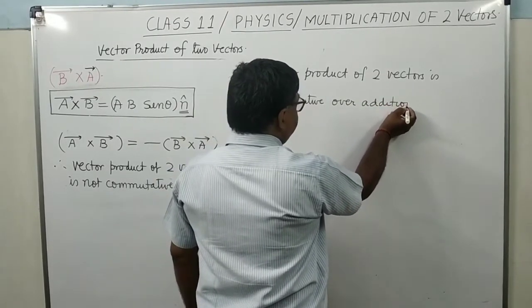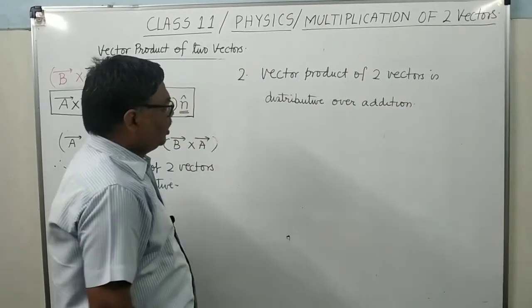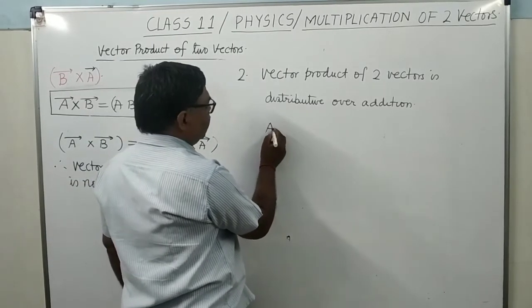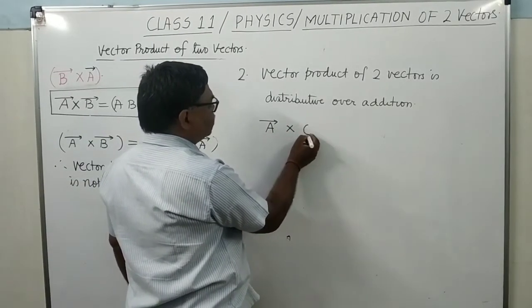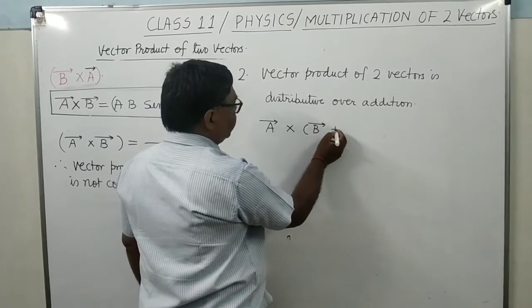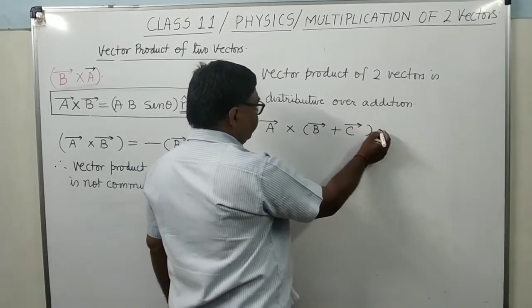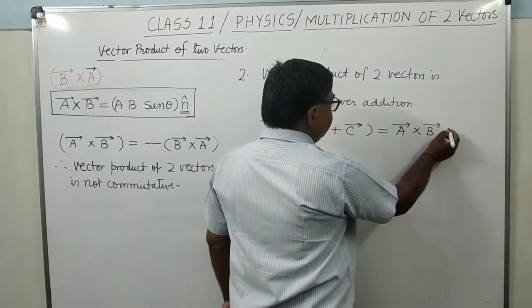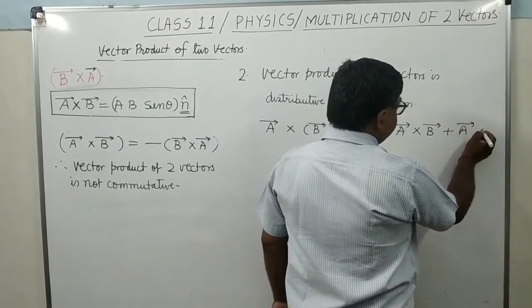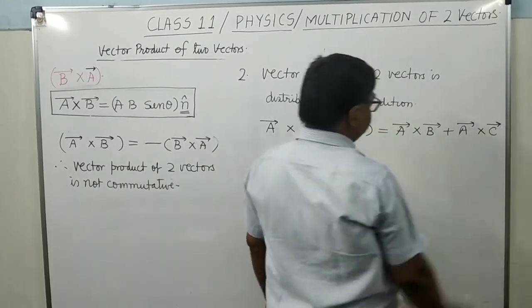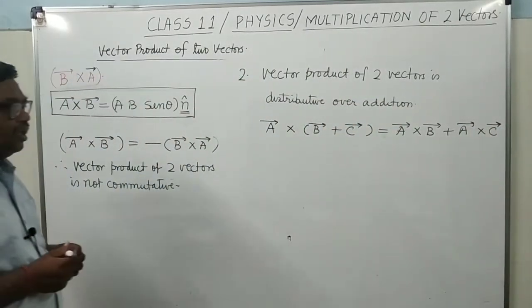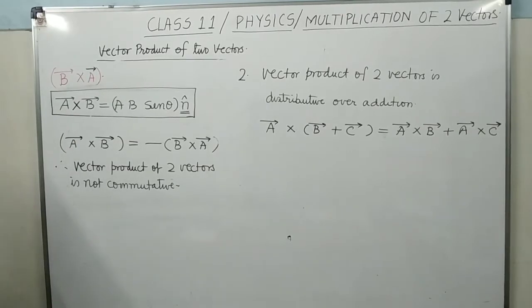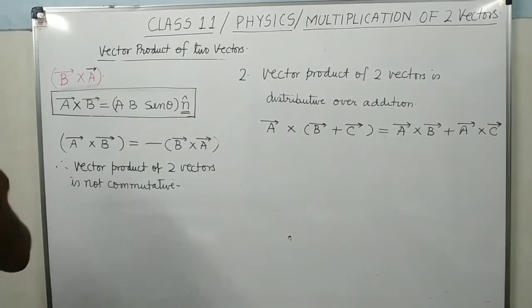You can say here vector A cross (vector B plus vector C) will be equal to vector A cross vector B plus vector A cross vector C. This is the second property. I will not go into detail of that. Whenever there is some question on this, I will explain.